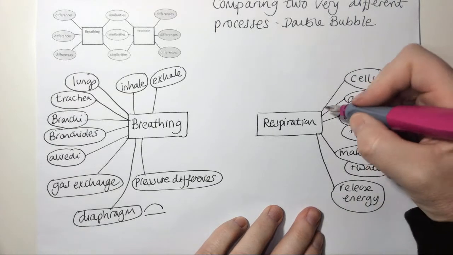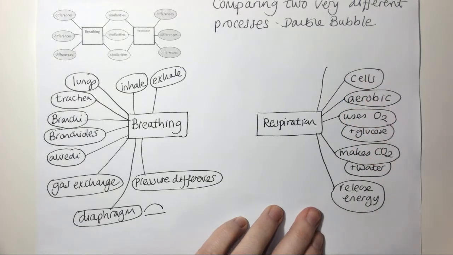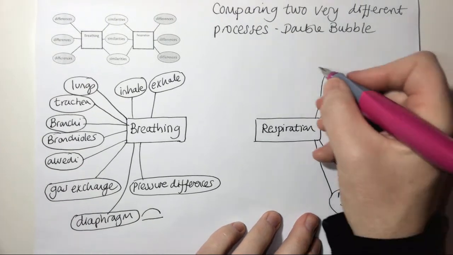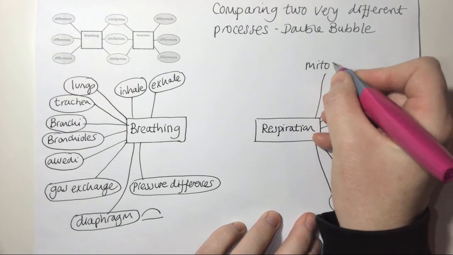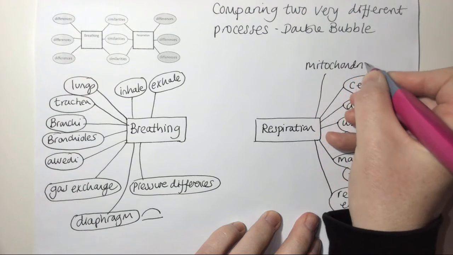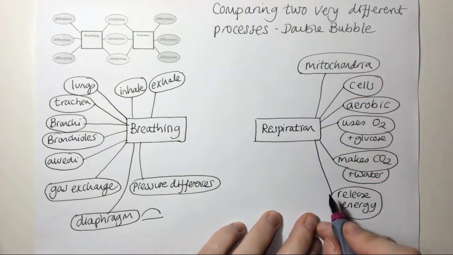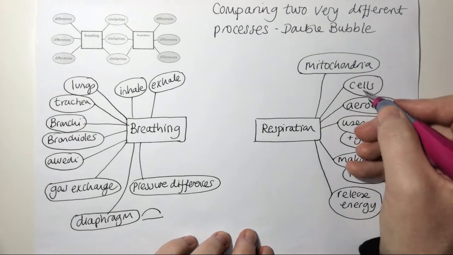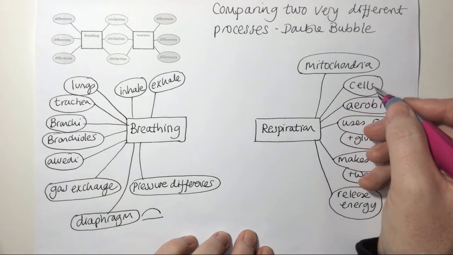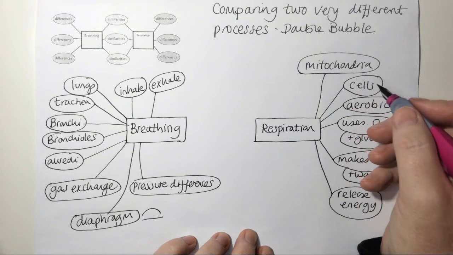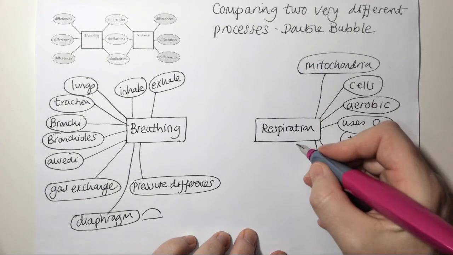We could say, where in the cells does it happen? Can you remember where it happens in the cells? In the mitochondria. And in the cells of what does it happen? Well, you may remember that it happens in all living things.